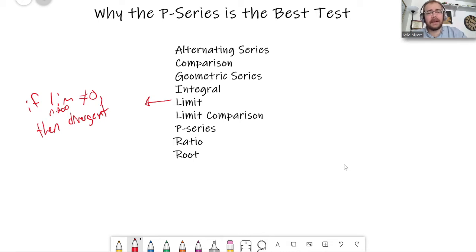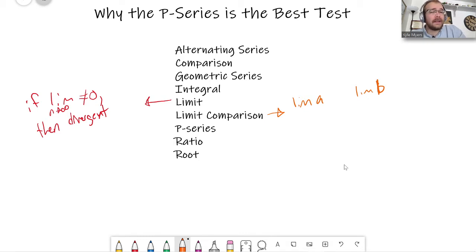The limit comparison test is not much better, so we'll do that one next. Essentially, you get a cleaned up version of the first thing, and then you compare by using a limit. So if the limit of A and the limit of B, you make A or B a cleaned up version of the whole thing.